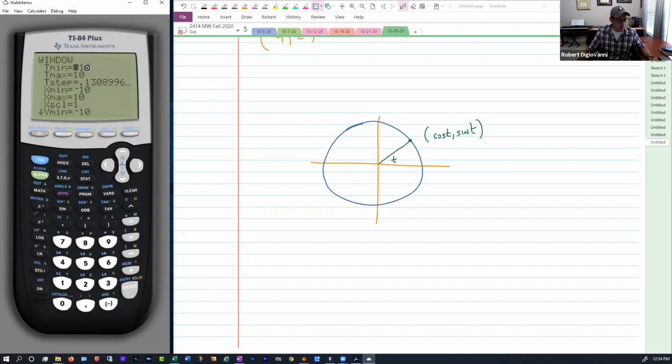Now let me change my window back to 0 to 2 pi, and let me graph again. See how it drew that? Let me zoom square, zoom in. There it goes. It just drew me a circle.